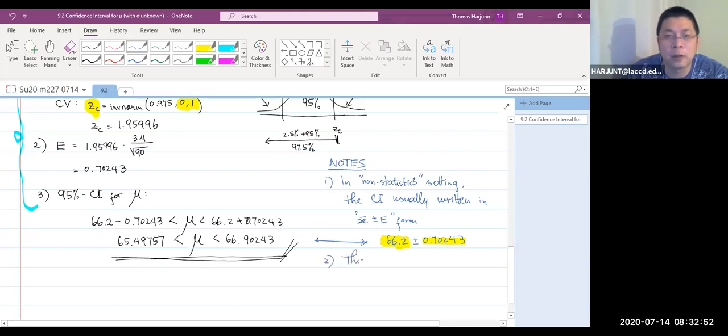Second, this interval is to estimate the population mean.